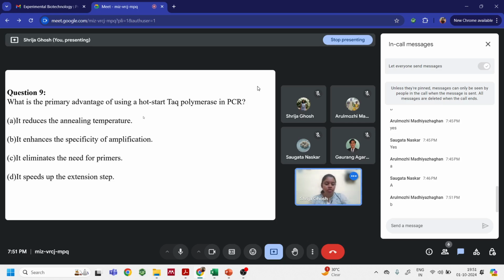Arul Mozi has answered option B. It enhances the specificity of amplification. Anyone else want to answer?